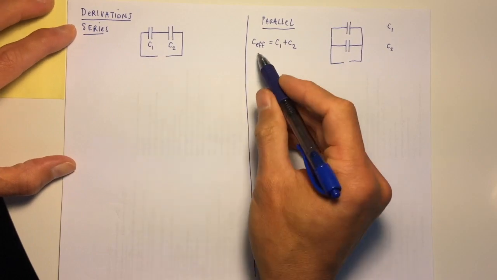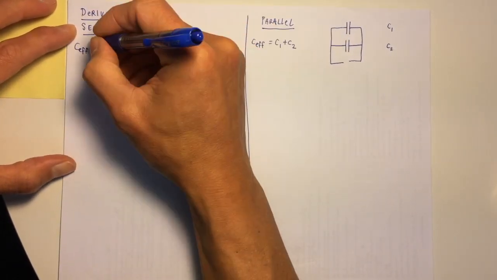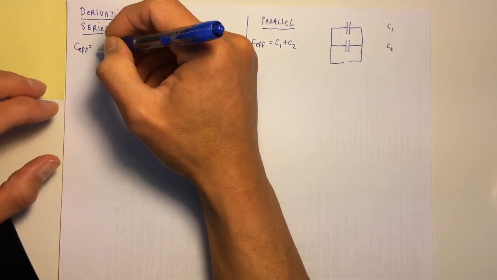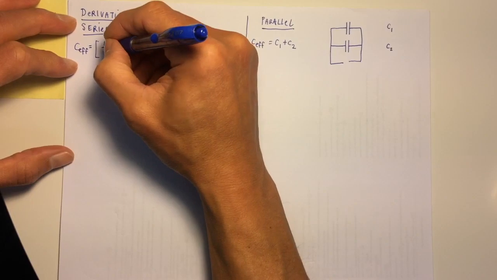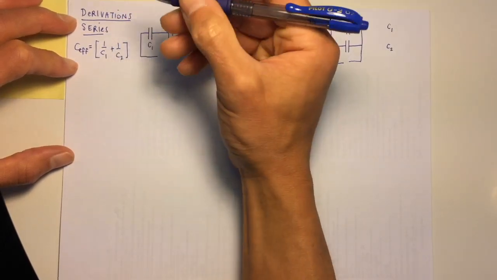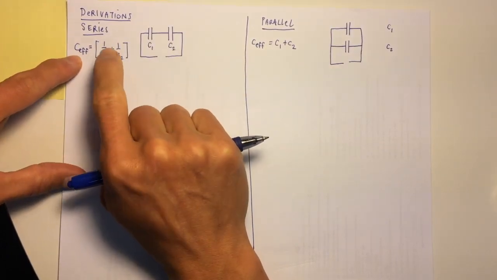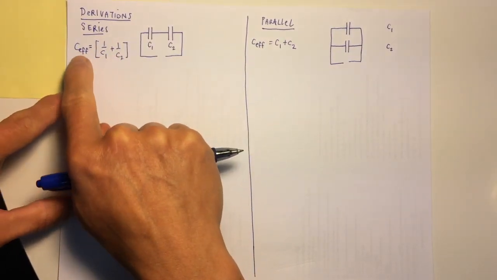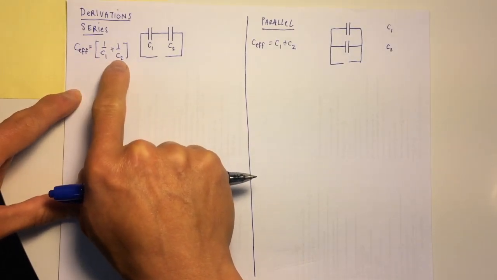The series relationship for the effective capacitance was really different looking. It amounts to one step of algebra from the previous page. What you do is 1 over C1 plus 1 over C2. And as written, this is actually incorrect, because I'm saying that farads is the same as 1 over farads, but it's not.